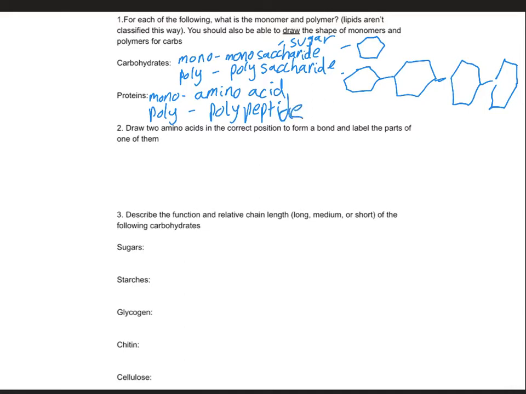Okay, drawing amino acids. There are two ways to draw amino acids. We're always going to have a carbon with a hydrogen on one side and the R group on the other side, and then another carbon. So this part will stay the same. Just draw that structure.